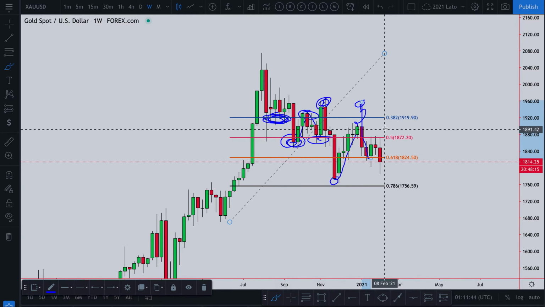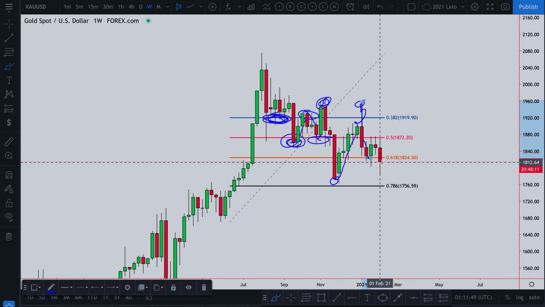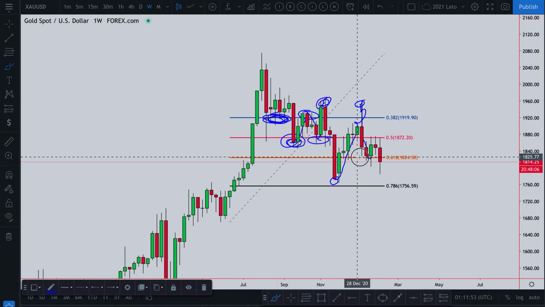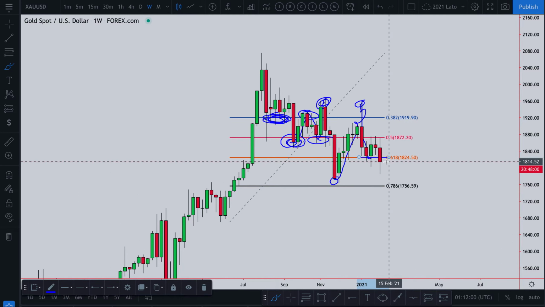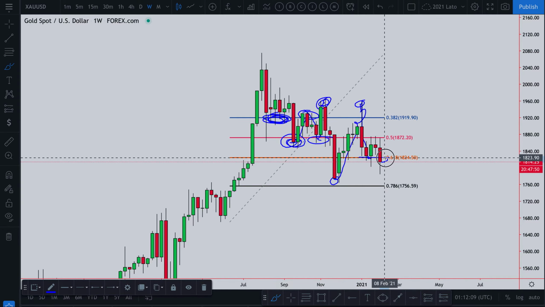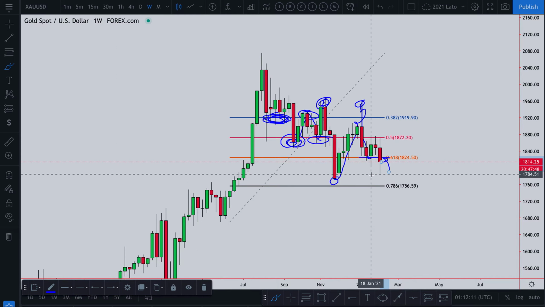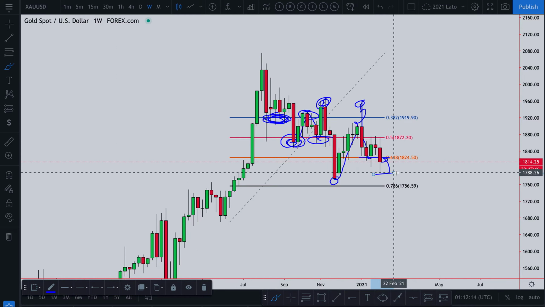Here you can see the last week's candle is an engulfing bearish candle. It looks like it has already broken the 0.618 Fibonacci level. So what I can see in the near term is the market could go back there and come back to refill that wick.